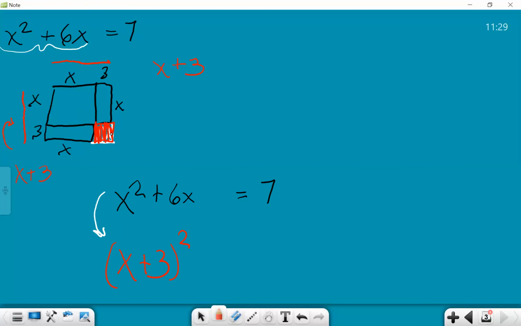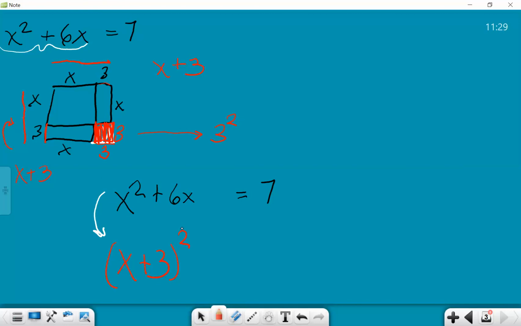So I've now made it too big. The dimensions of this square were, this length is 3, which makes this length 3. So the dimensions of the little square are 3 by 3, so the area is 3 squared. So this new square is too big by an area of 3 squared.